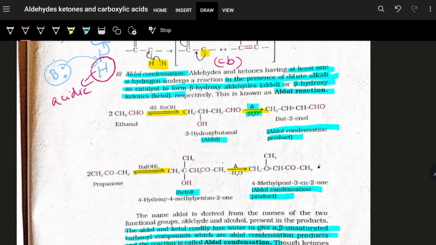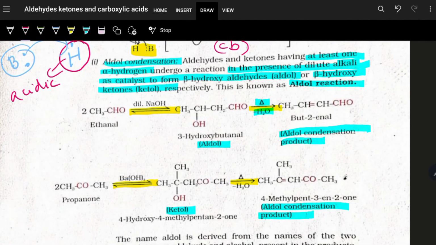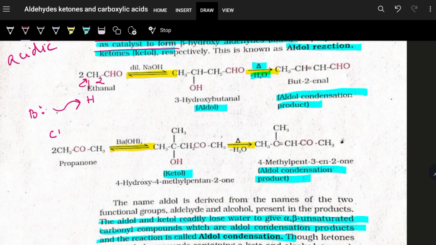Such a reaction is seen in aldol condensation. Aldol condensation takes place with a carbonyl compound containing at least one alpha hydrogen in presence of dilute alkali as catalyst. Why? Because this can be written as CH3CHO. If there is a base in the medium, it will abstract this proton and give a negative charge over here. That means you will get CH2 minus CHO.